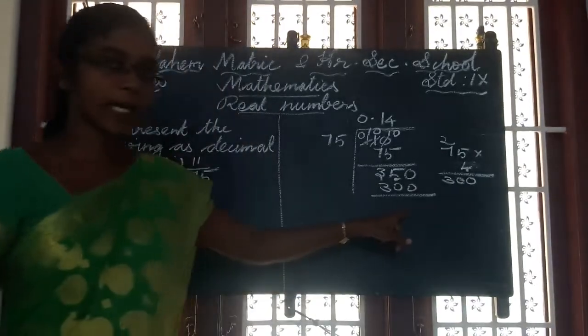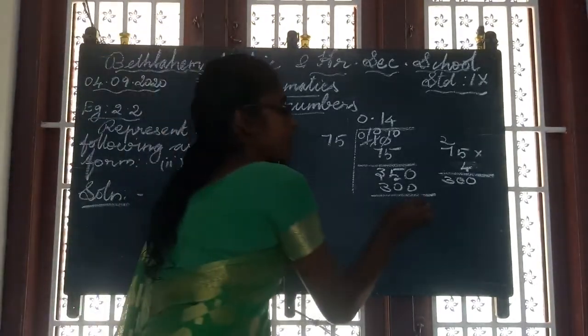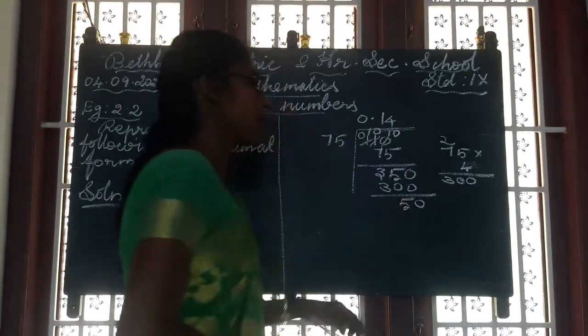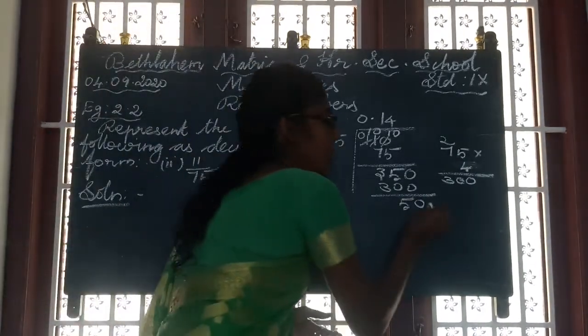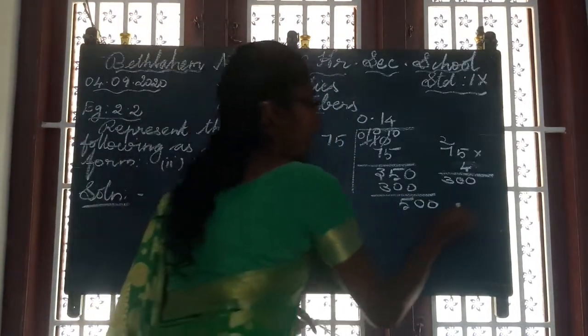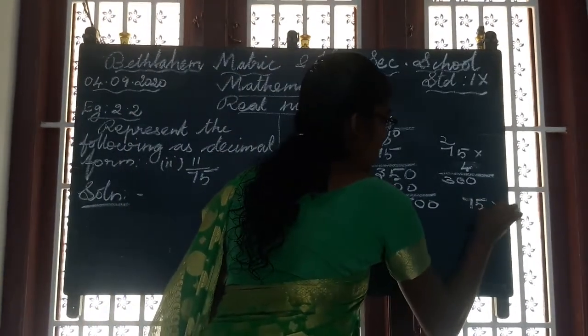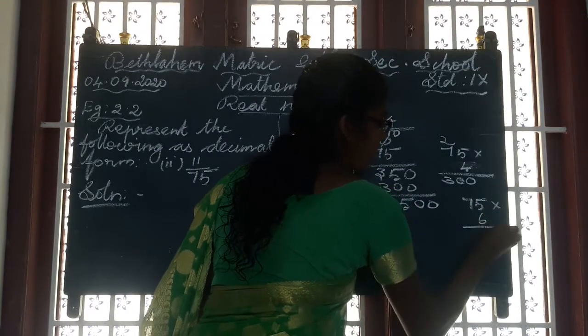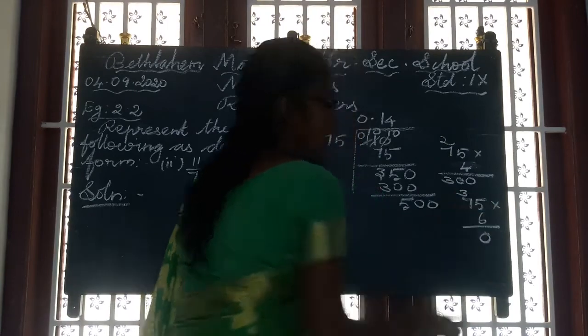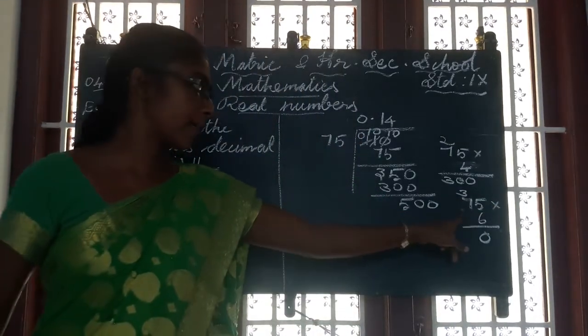Next, subtracting: 0 minus 0, 0. 5 minus 0 is 5. Next again, we have to include 0 here. So how many times? 75 into 6 times: 5 6s are 30, 3 balance.